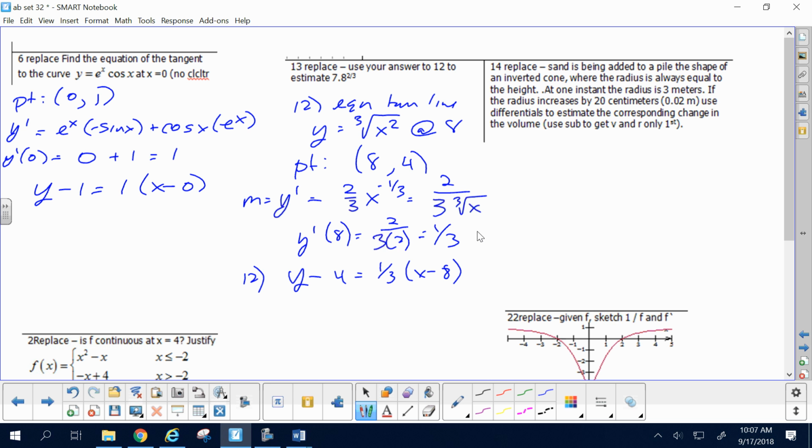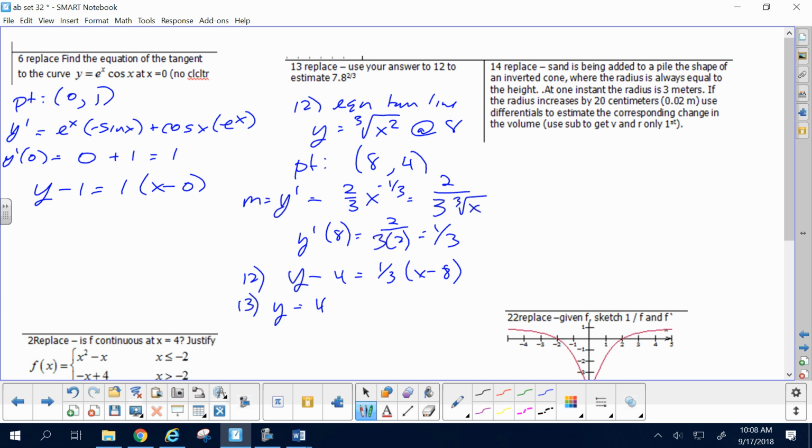Okay then, 13. It says use your answer in 12 to estimate 7.8 to the 2/3. Well, rather than put 7.8 into the function, which is ugly, obviously, I'm going to put 7.8 into the tangent line. So put it in point slope form.